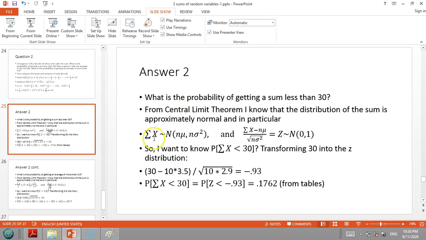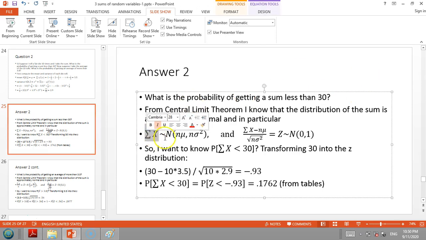And so the sum of the 10, by the central limit theorem, should approximate the normal, because each one of them is identically distributed and independent from each other one. Okay? And so I just computed that.